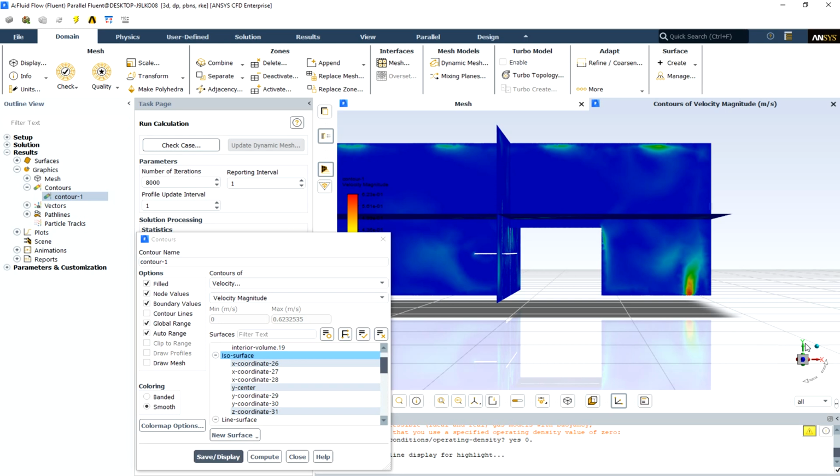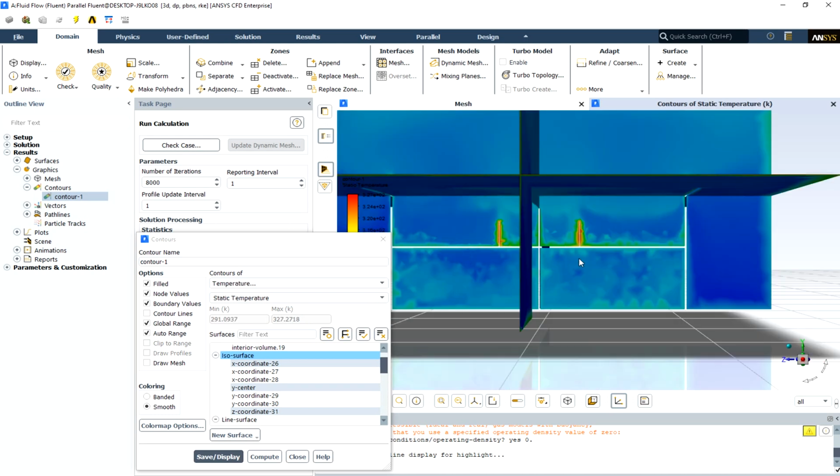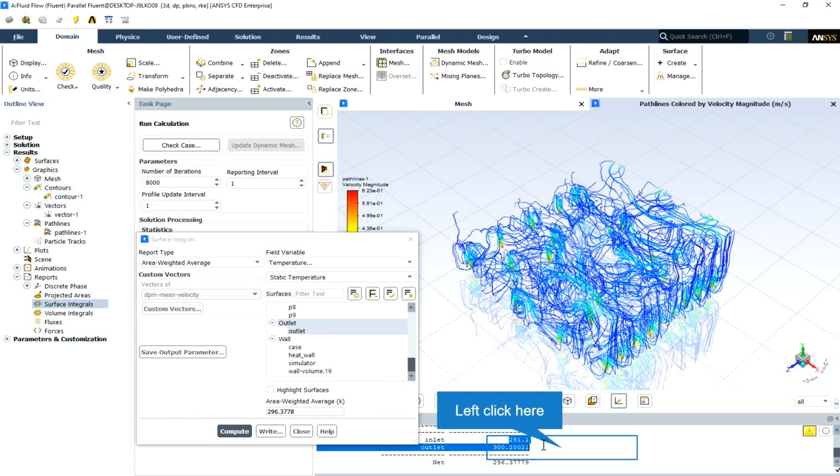Also, by checking this plane, we can see that the maximum velocity magnitude occurs at the inlet. Also, we can see the cases and simulators as the heat sources. The inlet temperature is equal to 291 degrees Kelvin, as we mentioned before, and as we identified in the inlet section at the boundary condition.